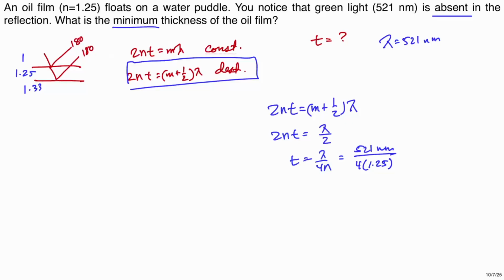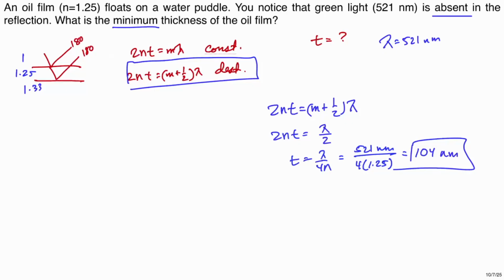Superstrate, substrate, they just tell you what's going on for the first part where you figure out the phase changes. But in these equations, n is the film's index. I don't know what this number is. 104 nanometers.